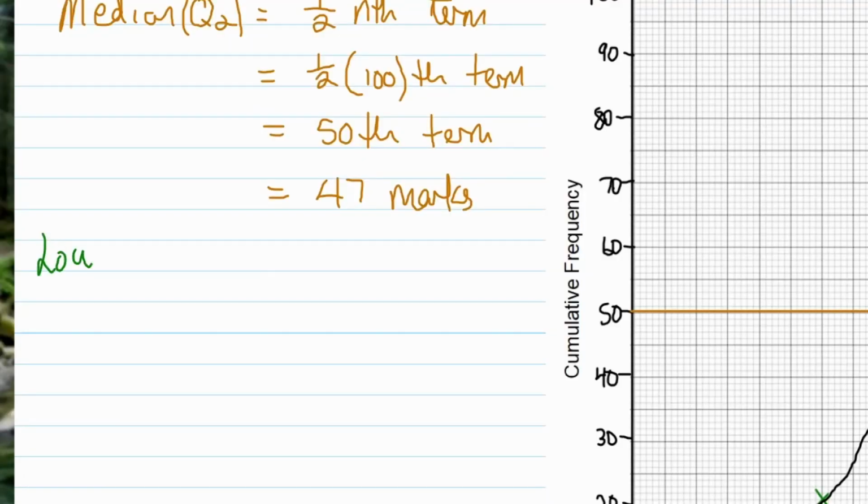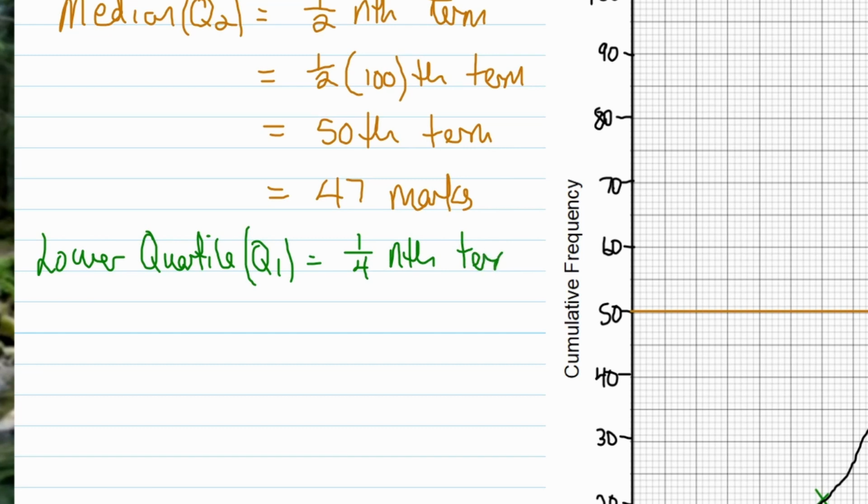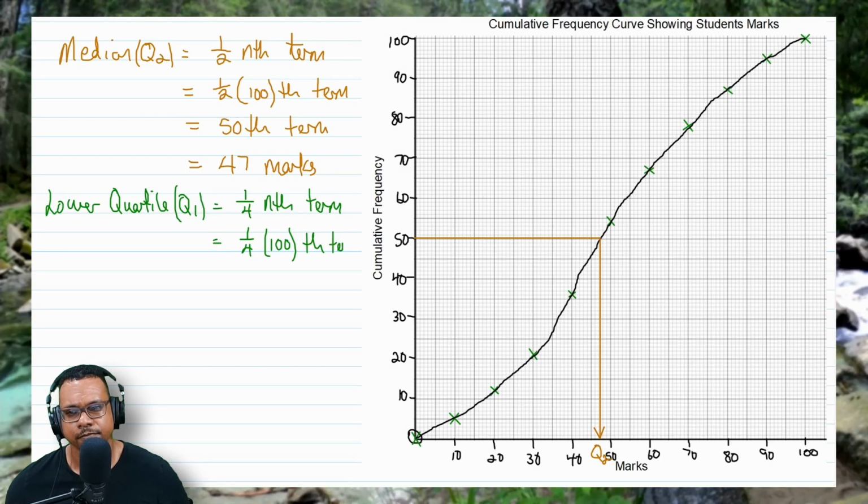So my lower quartile, symbol is Q1, will be equal to a quarter of the nth term, and that will be equal to a quarter of 100 because n is 100, so a quarter of the 100th term, and a quarter of 100 is equal to 25, so the 25th term.